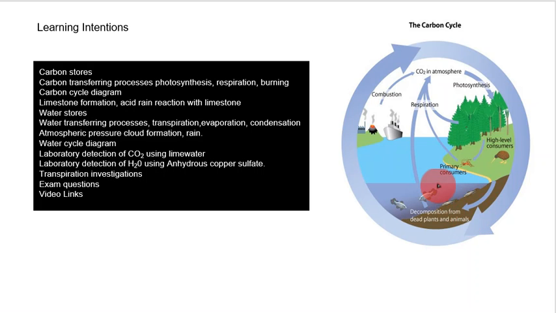Other ways that carbon can get into the atmosphere, and we're going to talk about in detail, is respiration. The way that organisms make their energy is what's known as respiration, and that involves the production of CO2, carbon dioxide. All living organisms respire.